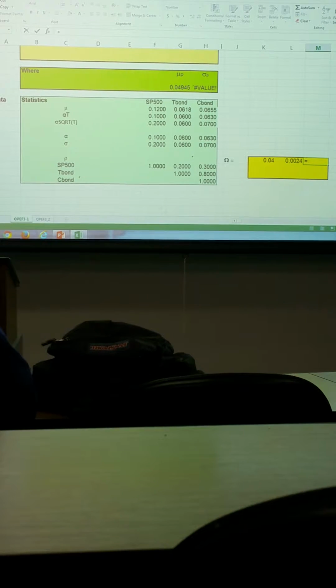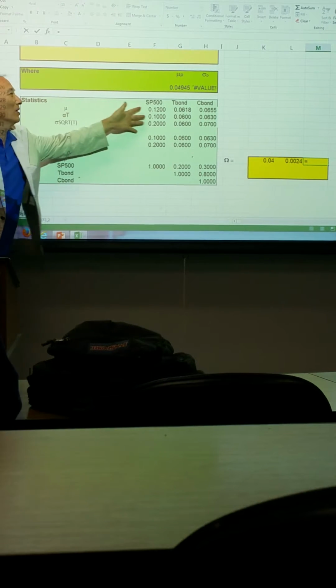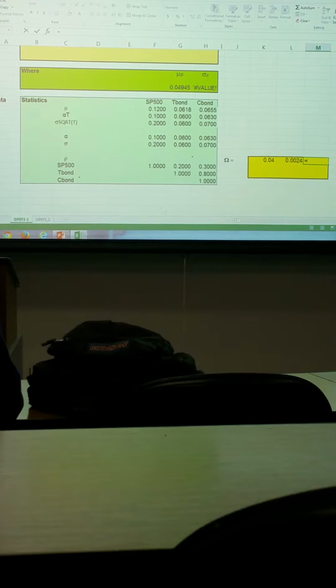You may not do it now because you already mastered it. All you need to do is repeat the same thing with this one only, okay? So let me just speed up. Correlation coefficient times standard deviation of S&P 500 and T-bond standard deviation. And then we know that it's supposed to be equal to this.